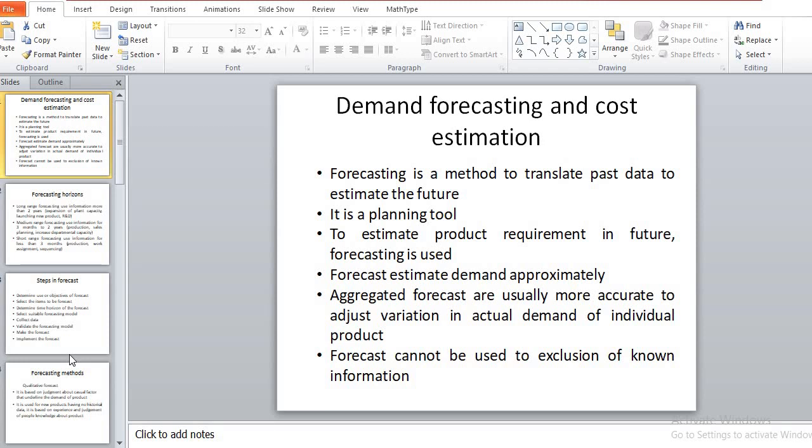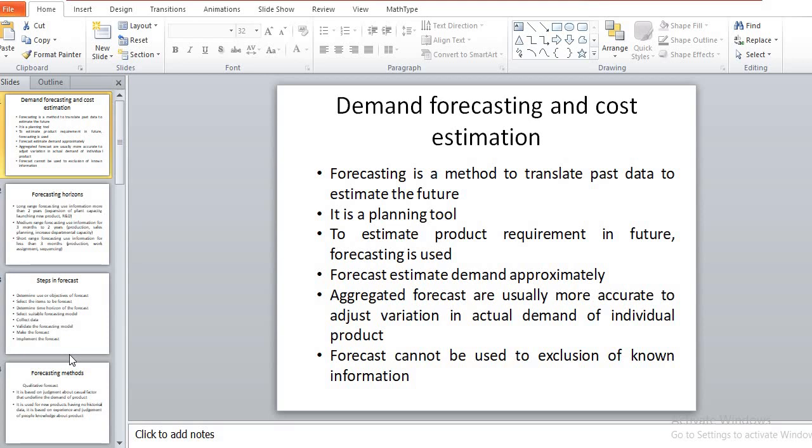It is also used as a planning tool to estimate the product requirement in the future, and this forecasting depends on the demand of that particular product.